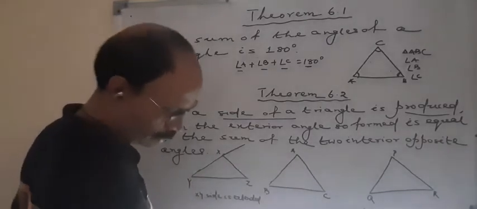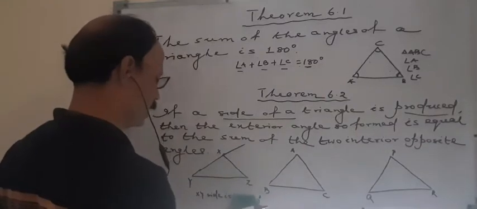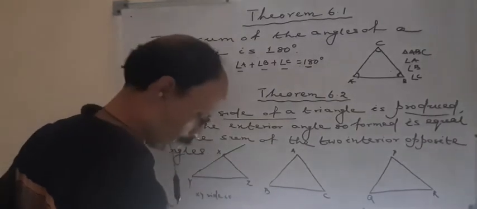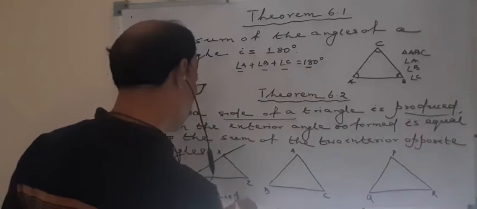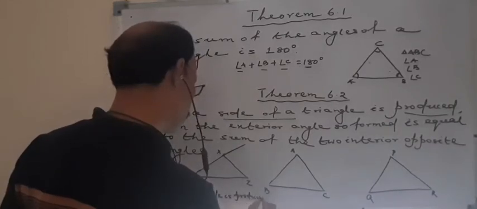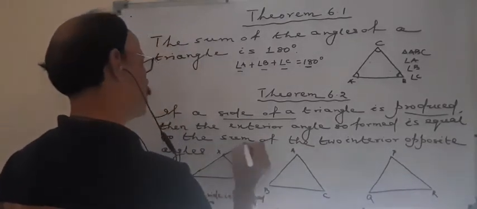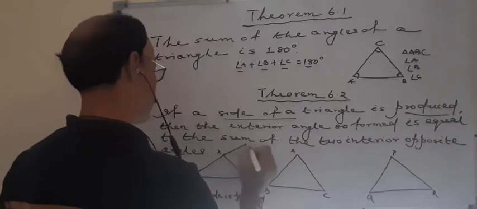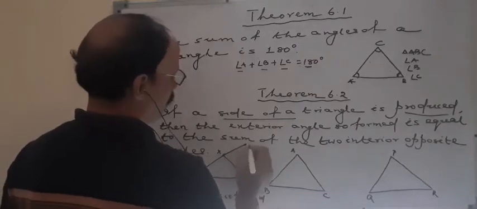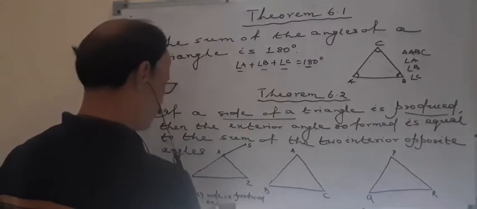Extended means produced. We may use here produced. XY side is produced to, suppose it is a point, we may take S. XY side is produced to S.